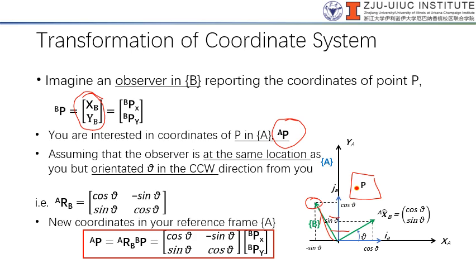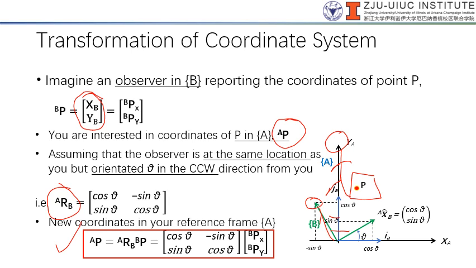So what we need to do is find our relationship with this observer at B. Imagine we are someone attached to A. We need to know our relationship with B, and this is actually a difference in orientation, so it is represented by ARB, the expression that we have seen earlier. So we multiply this rotation operation by the coordinates given by this observer. That will be a pre-multiplication.